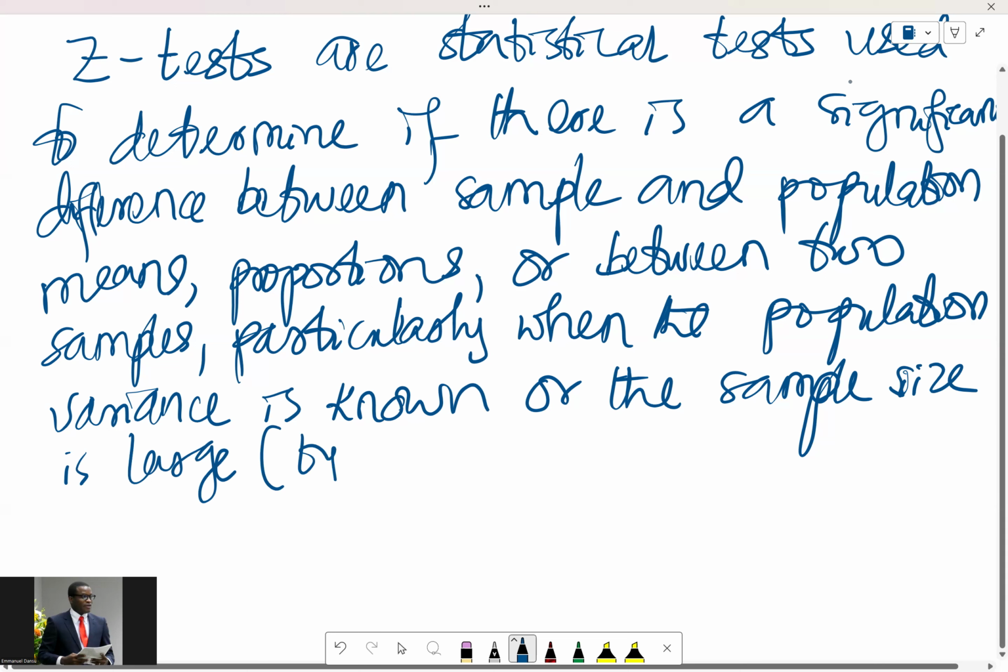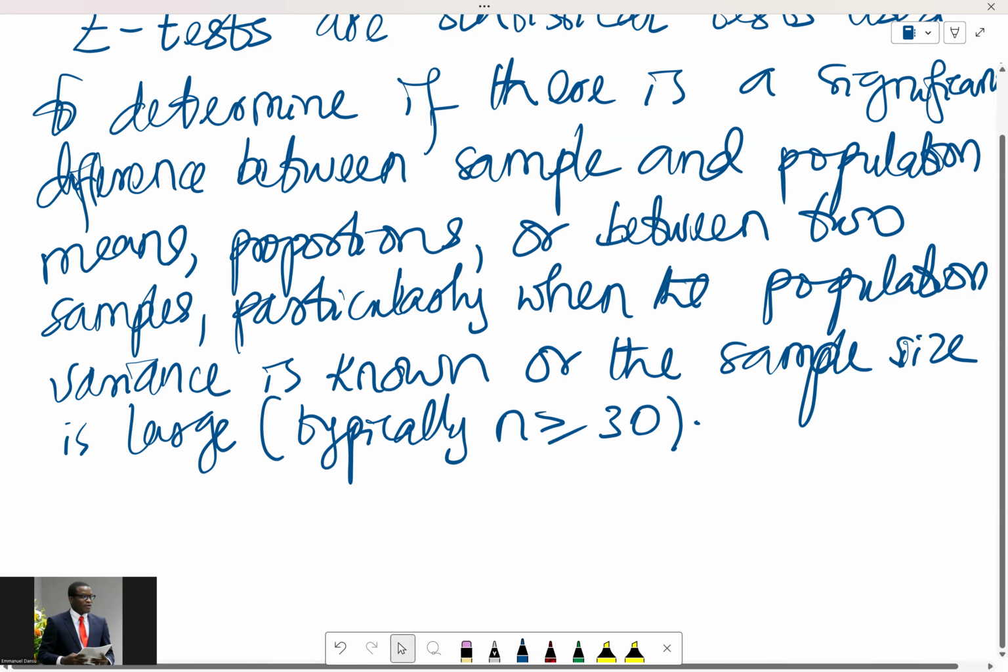And by large, we mean that that's typically n greater than or equal to 30. That is, the sample size is greater than or equal to 30.